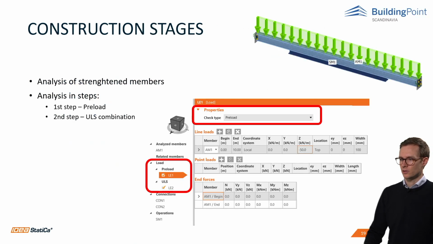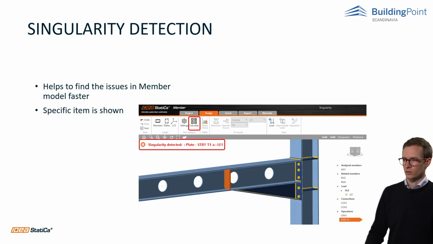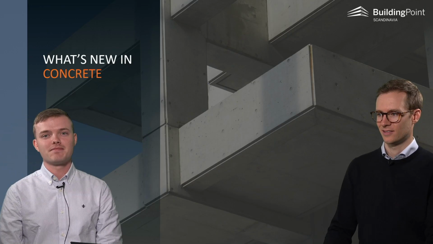Also construction stages, so you have to put up in steps. So first step is preload, and then you can set up your load combinations after that. Also singularity detection, so it helps you to find the issues in member in the model faster. So it will give you a warning if you have singularity issues.